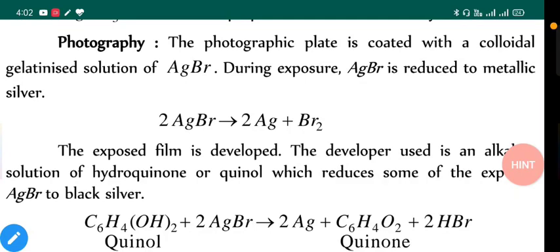A photographic plate is coated with a colloidal gelatinous solution of silver bromide. During exposure, silver bromide is reduced to metallic silver, and that's why it gives black color. So silver in metallic form gives black color. Different amounts of light exposed on the silver bromide layered on the surface give different types of colors.